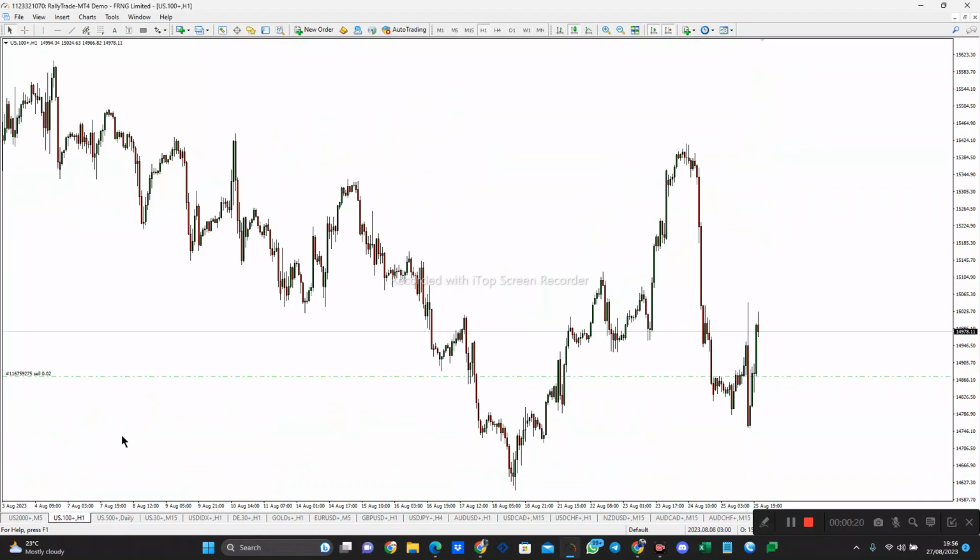So I kind of explained the strategy, and what I want to do for this particular part is just to look at different charts and see how I do my markups. So I want to mark up my charts.